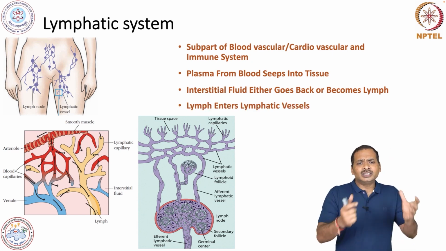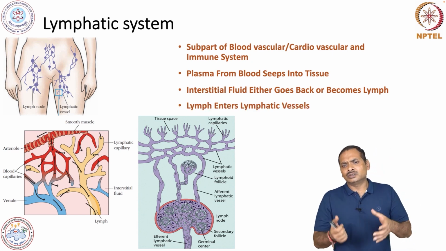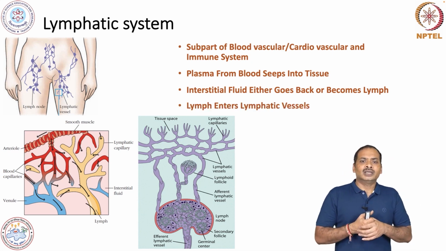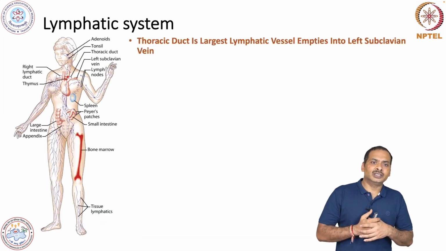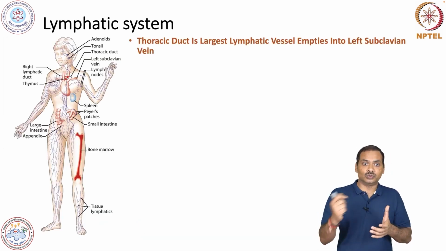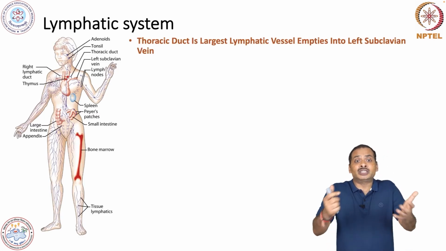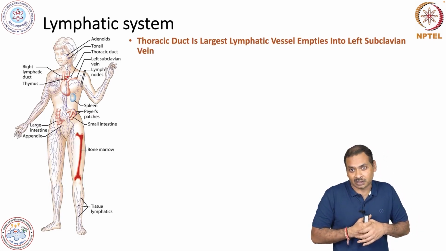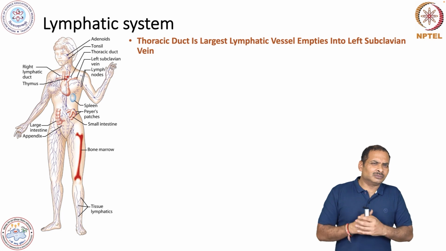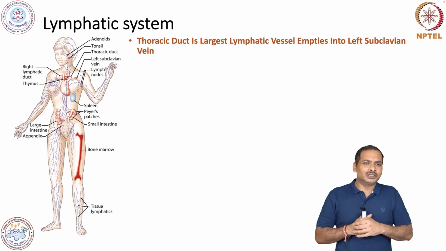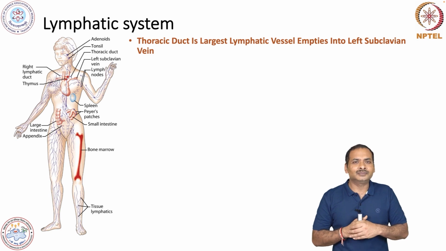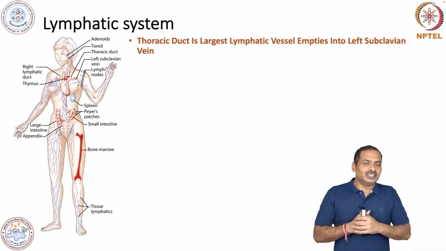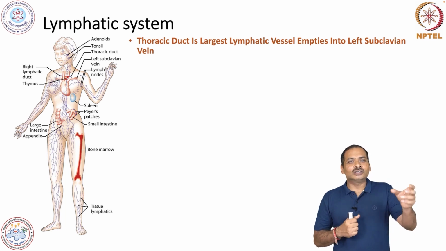All these lymphs enter into the lymphatic vessels, and the lymphatic vessels play a very important role in collecting this fluid, because if this fluid keeps accumulating, it will cause oedema. There is a disease, probably you may know the name, known as filariasis. The filaria parasite, the microfilariae, basically feeds on the lymph.